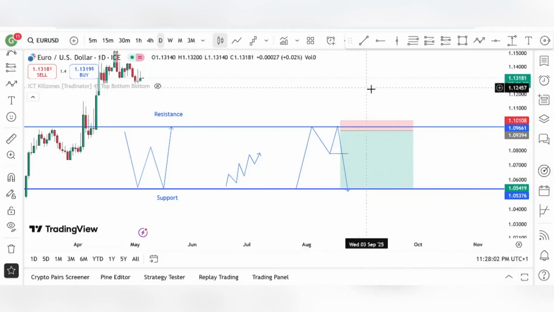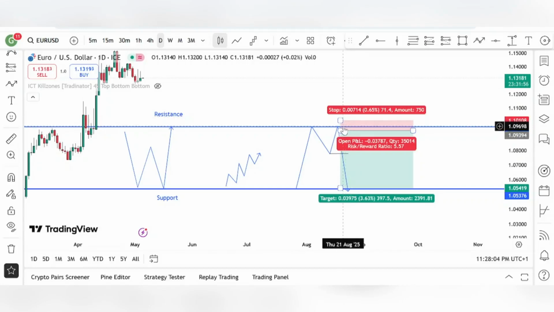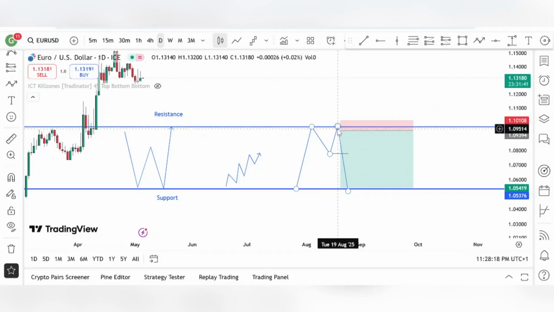So number two of the entry models I will give you is when a double top or double bottom forms at a key level. Let's say this formed on the 1 day time frame.